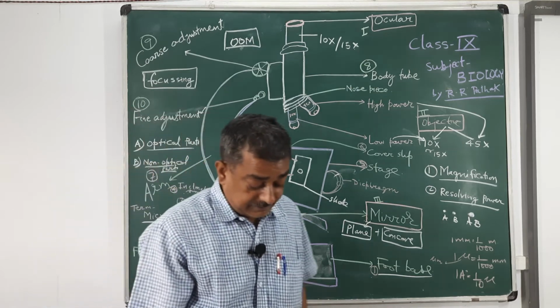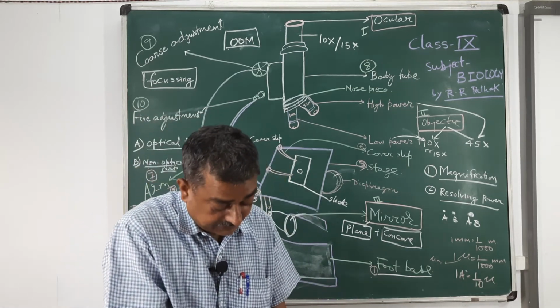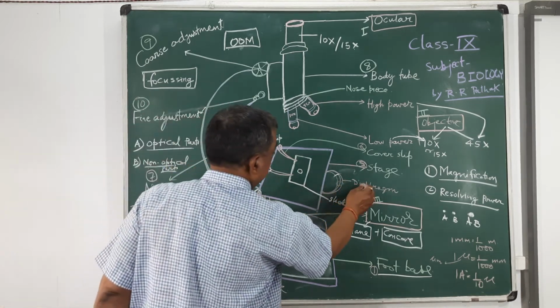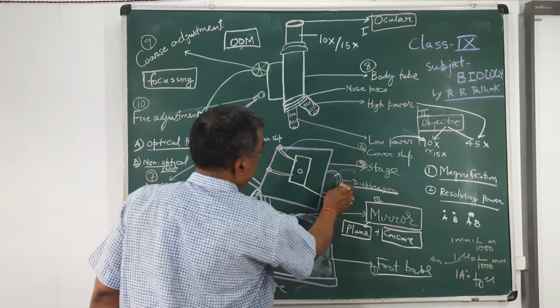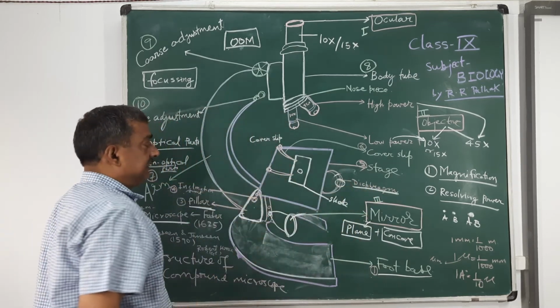The next part is the condenser, or diaphragm, or stage. The condenser is also very important. The diaphragm is also called the condenser because the source of light is passed through the stage to see the objects.